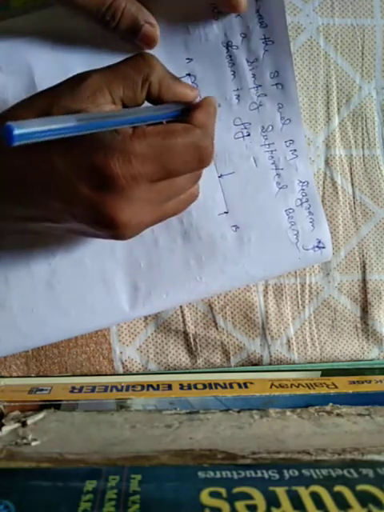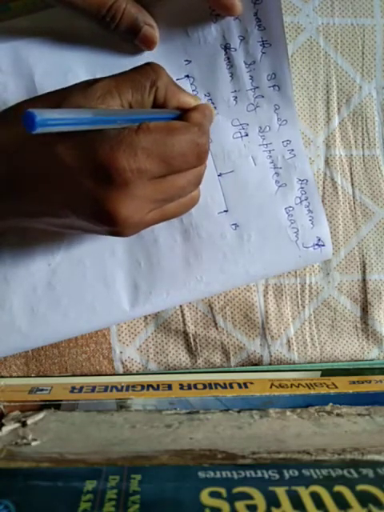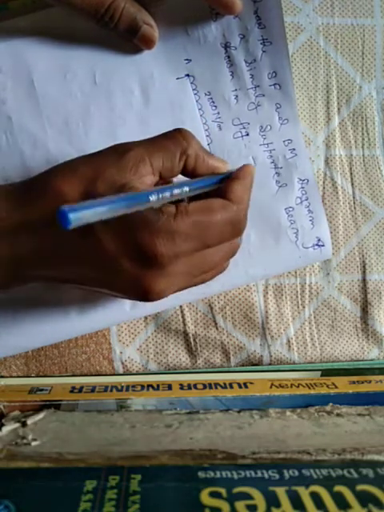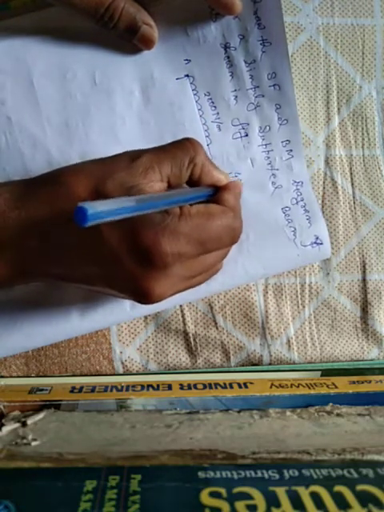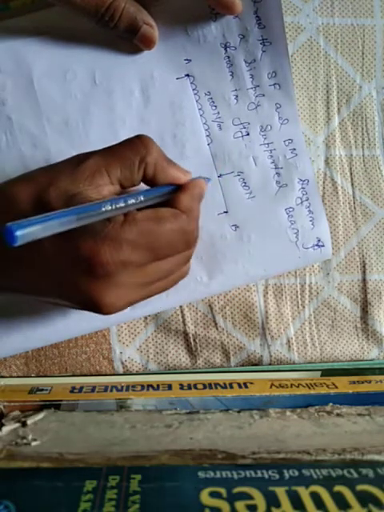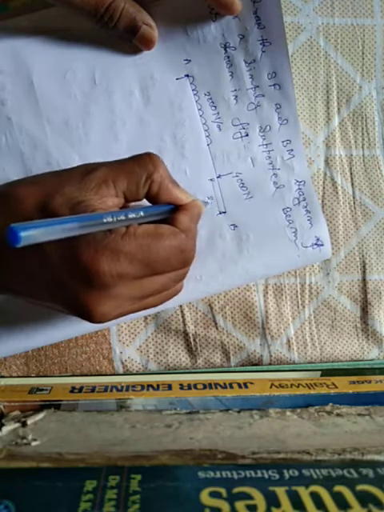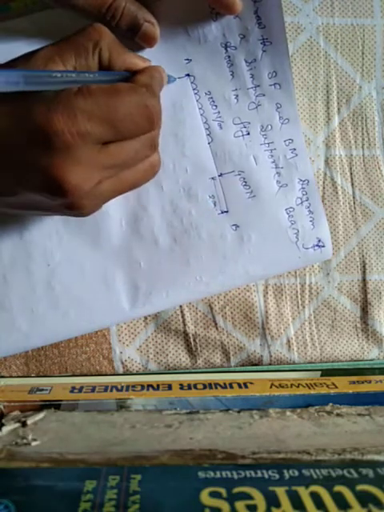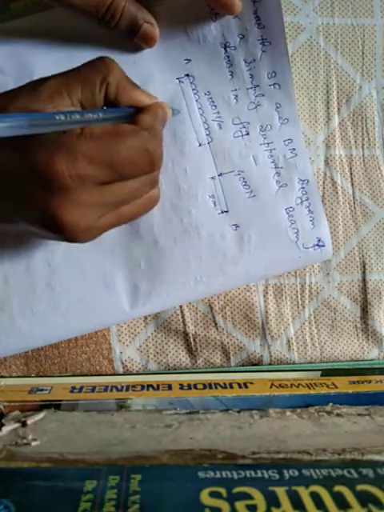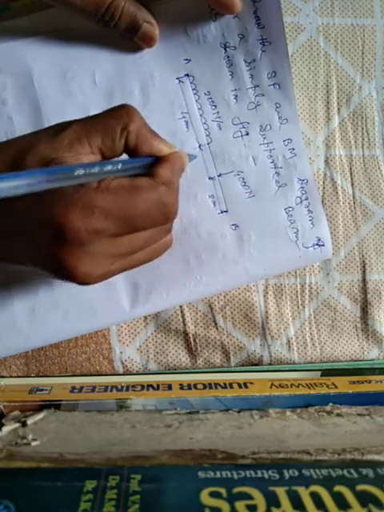The uniform distributed load is 2000 Newton per meter and the point load is 4000 Newton. This distance is 2 meter, up to the uniform distributed load this distance is 4 meter, and this is also 2 meter.